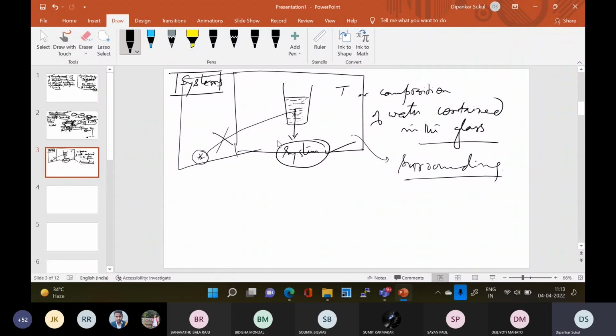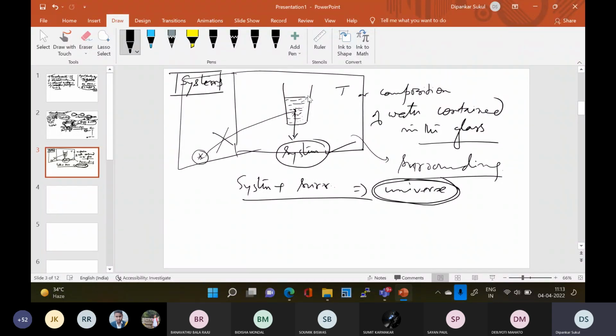Thus, outside your surrounding, there is nothing which can interact with your system. Hence, system and surrounding, these two constitute the universe. Beyond the universe, there is nothing which can interact with your system. Okay.